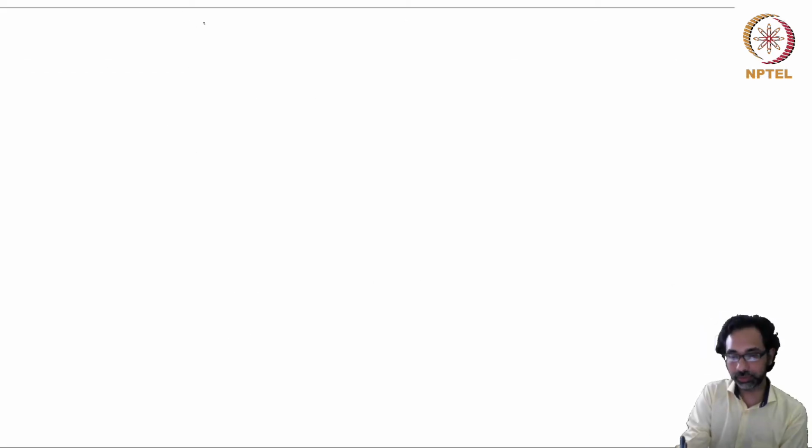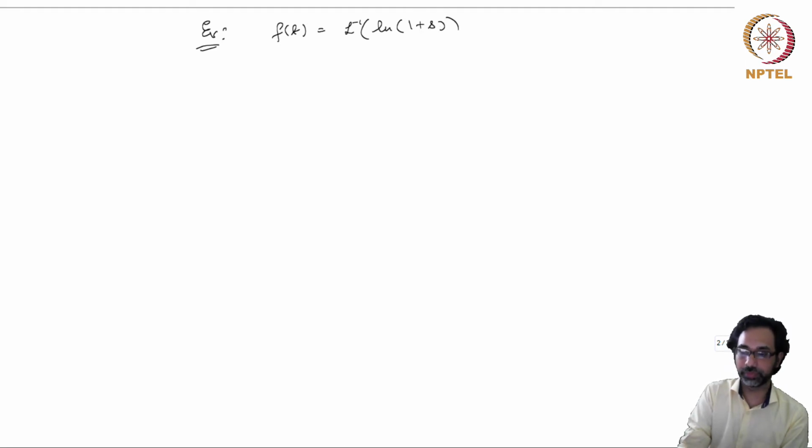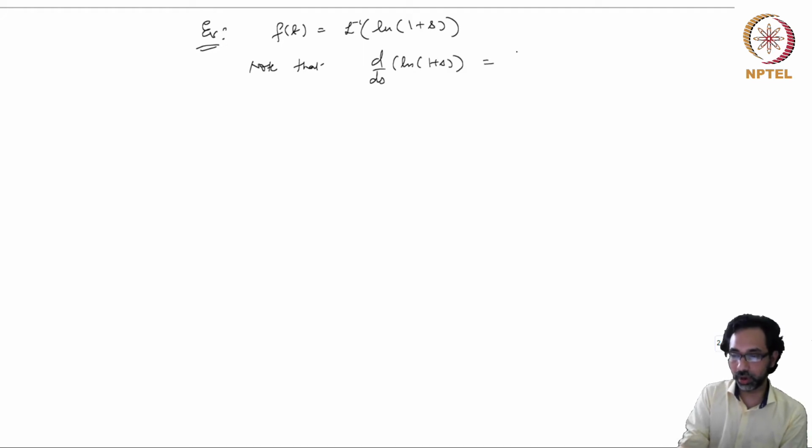An example for this method is to compute the inverse Laplace transform of, say, the function log of 1 plus s. Now we note that the derivative of this function log of 1 plus s is simply 1 over 1 plus s.